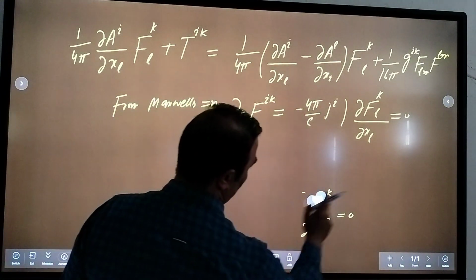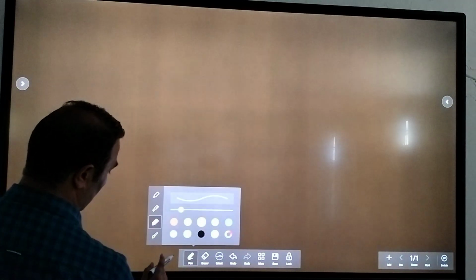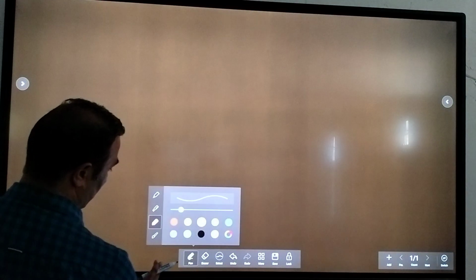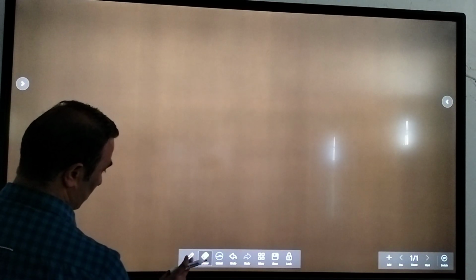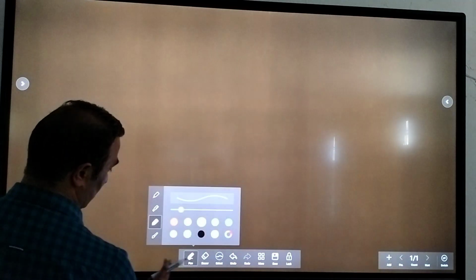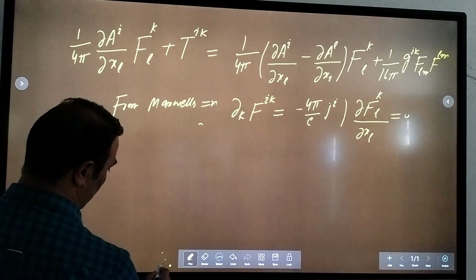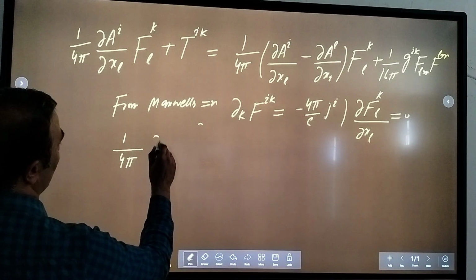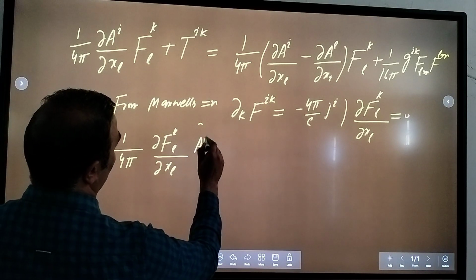Okay. So I can write this as, this will be equal to 1 by 4 pi, and this I can write as partial FKL by partial XL A i.